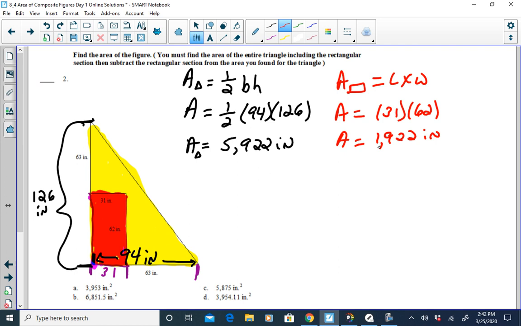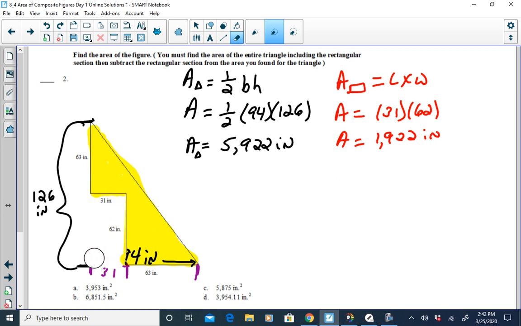Now we want to find the area of that original figure. If I take away the area of that red rectangle, look what's left: the area of the original figure we started with. So we're going to have to subtract the two areas.